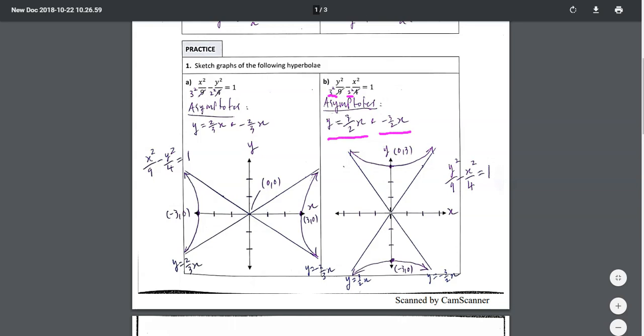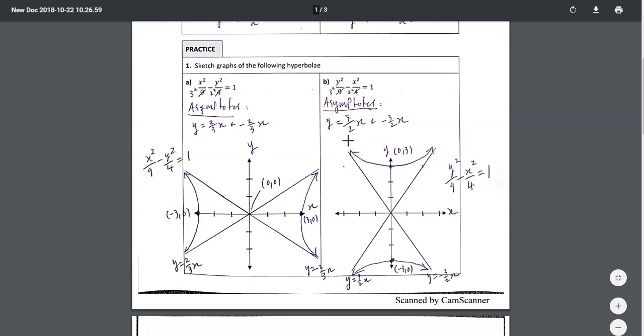So I go to the intersection of my asymptotes, I go up by 3 units, that's my first focal point. I go down by 3 units, that's my second focal point. And then I draw in my hyperbola, which is absolutely impossible to do with a mouse. Draw arrows on the end, label everything that I said to label last time, and Bob's your uncle.